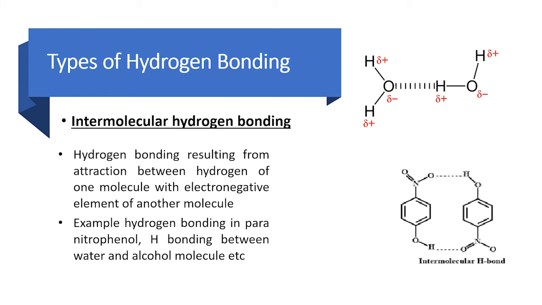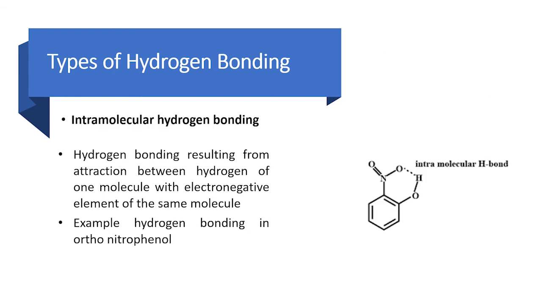In para-nitrophenol, the OH and NO2 groups are not close enough, and hence the OH of one molecule is connected to the nitro group of another molecule through intermolecular hydrogen bonding.